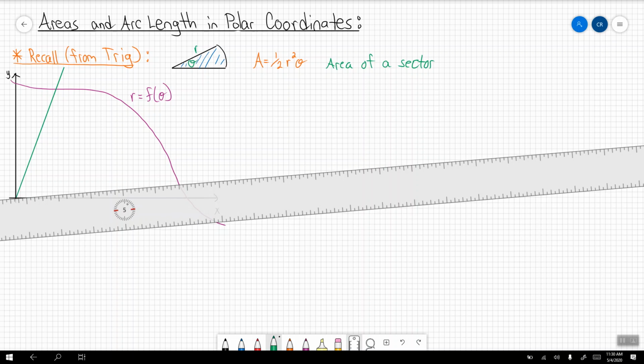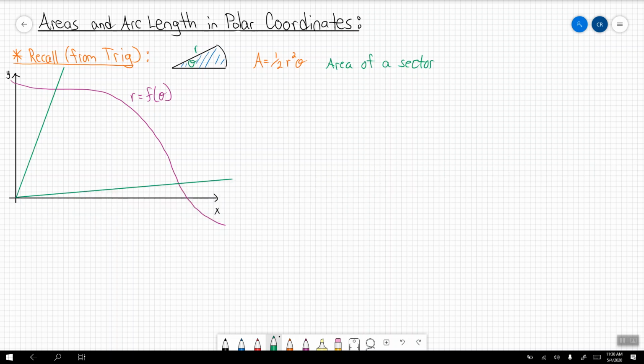One of them is going to be angle 1, which we're just going to call A. The other one's going to be angle 2, which we're just going to call B.